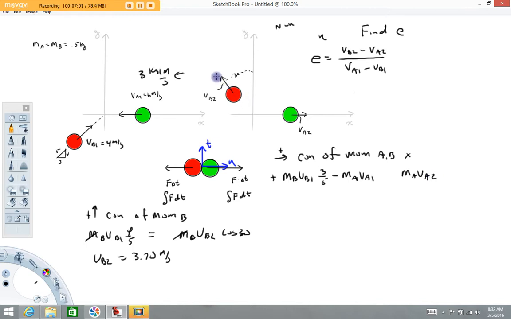And then this guy's momentum, x component, would be opposite the angle theta. So we're going to have MB VB2, and I'm going to multiply that by sine of 30 degrees to pick off the x component. And it points left, so that thing's negative. And again, we can put equality between these because of this picture right here. These impulses are opposite directions, same magnitude. They're going to add to zero.